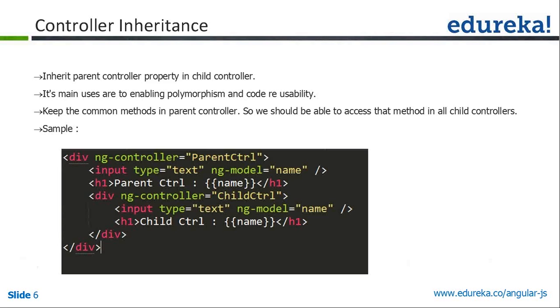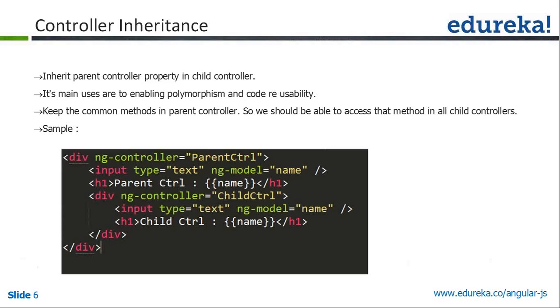Why do we need this controller inheritance? If I want anything, I can just define it in my child controller itself. Then why do we need to inherit it? For example, inside one controller, I may have 5 or 6 controllers. So for all controllers I want to use the same functionality. So instead of copy pasting the same functionality in all 5 controllers, I will define it only in a parent controller.